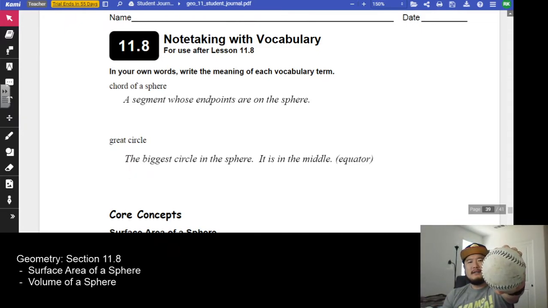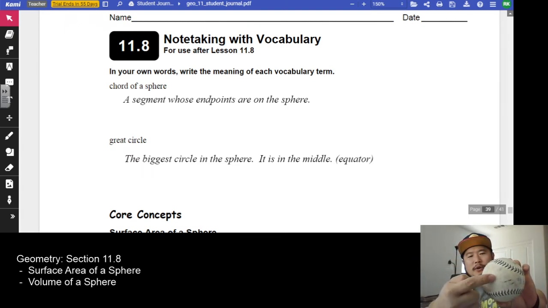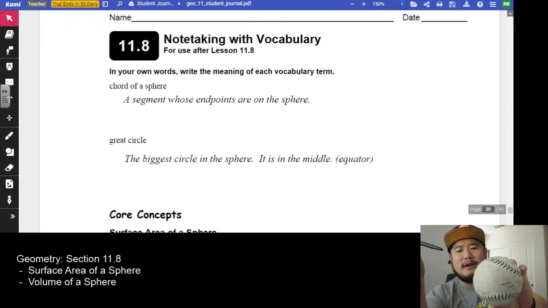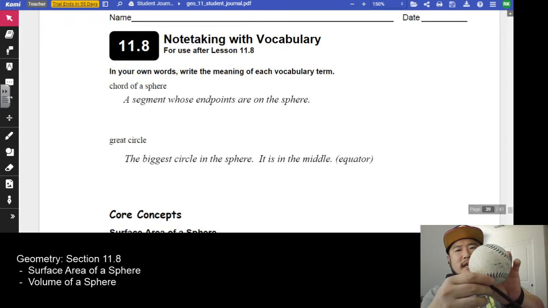Right here, this is a sphere. Now, when they're talking about the endpoints on the sphere, it's not like we're going to draw a line on the outside. You take an object or whatever, and you're actually going to go through the sphere and then out towards the other side.